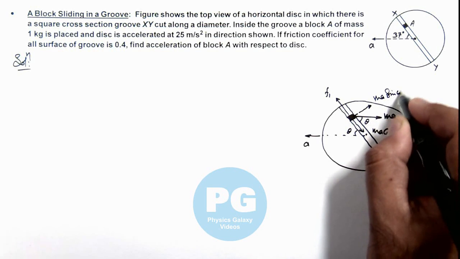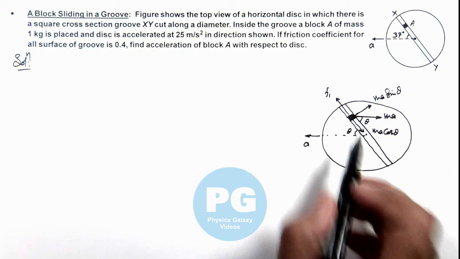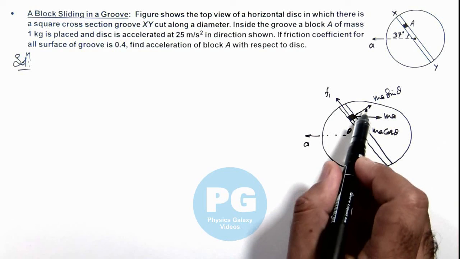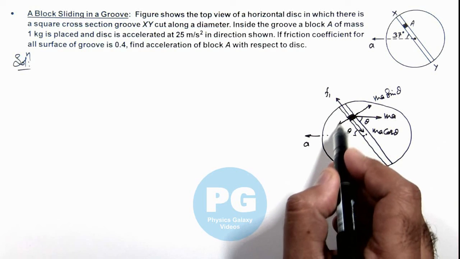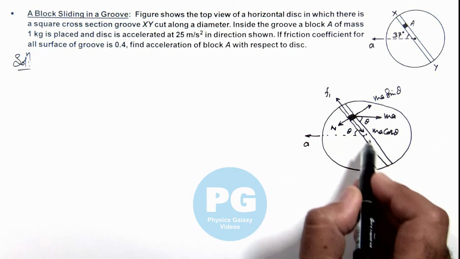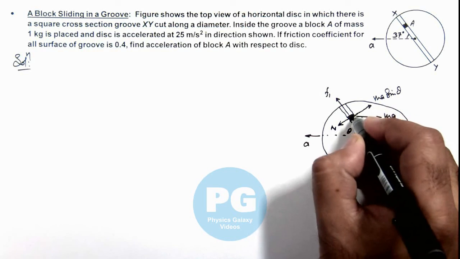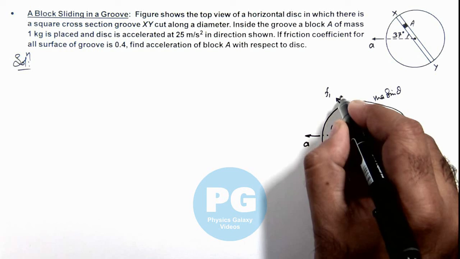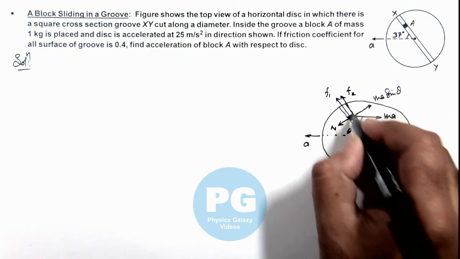the block will push the surface, and a normal reaction is developed which is N over here, and when this block will slide due to MA cos theta, a friction will also act on the block which is F2 on the side wall of the groove.